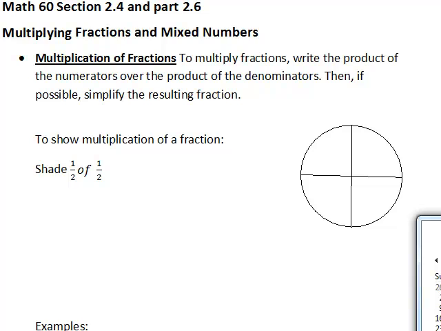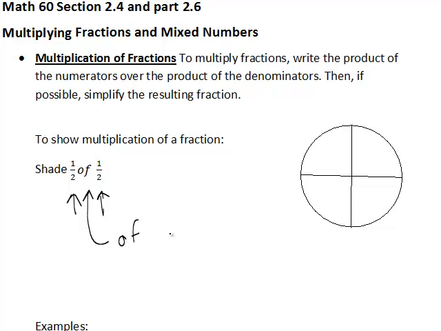First, we want to look at what it means graphically. To show multiplication of a fraction, let's shade 1/2 of 1/2. Mathematically, in the language of mathematics, "of" usually means multiply. So what we're talking about here is 1/2 multiplied by 1/2.